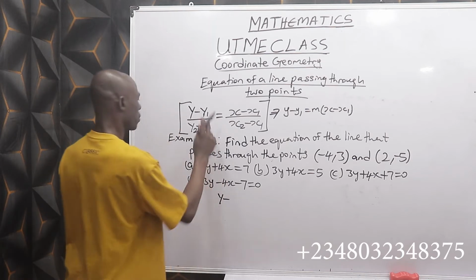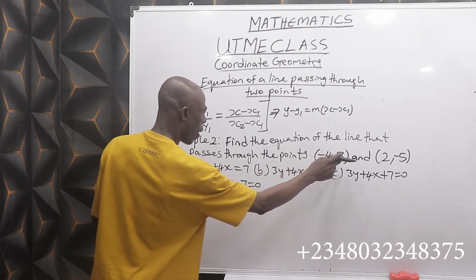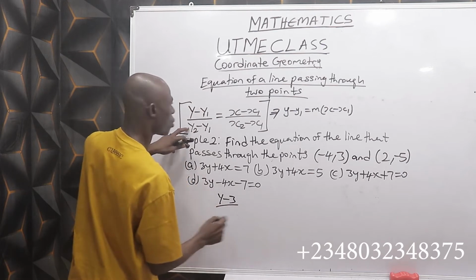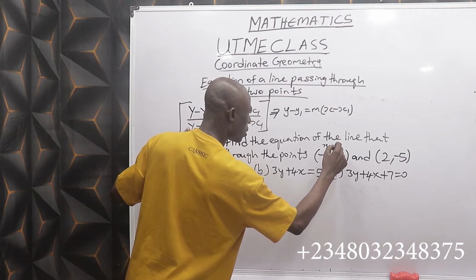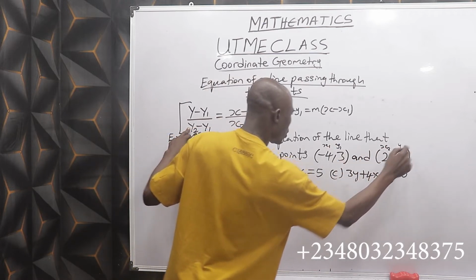Y minus y1, what is y1? y1 is 3, over y2 minus y1. This is x1, y1, x2, y2.